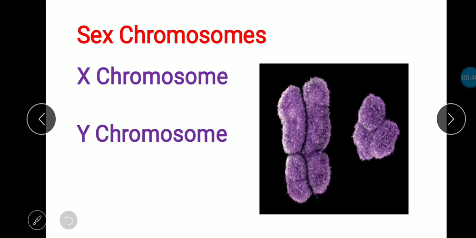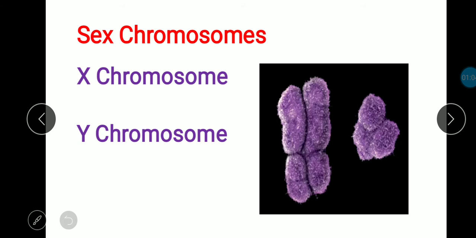In this diagram you can observe the X chromosome, which is longer, larger and has 2 arms. The Y chromosome, which is on the right side, is shorter and smaller.